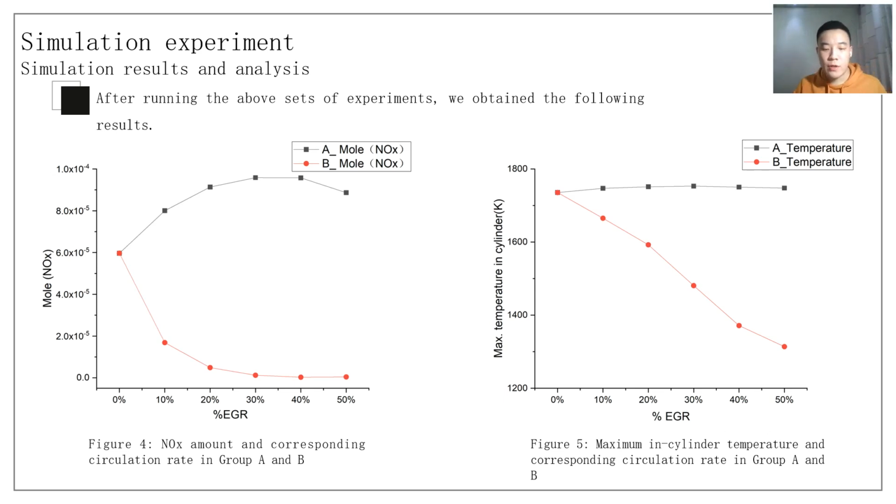When the rate is between 30% and 50%, the amount of nitrogen oxide generation decreases with the increase of the circulation rate. But overall, nitrogen oxide generation of Group A remains at a high level. The amount of nitrogen oxides in Group B decreases gradually with the increase of exhaust gas circulation rate, and the decreasing trend gradually slows down.